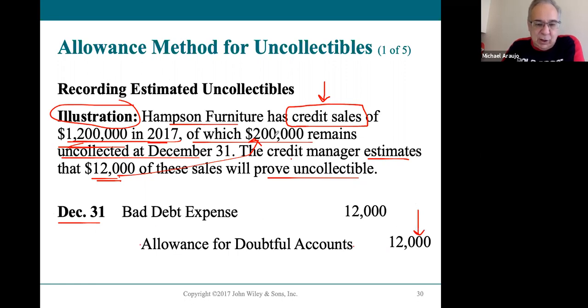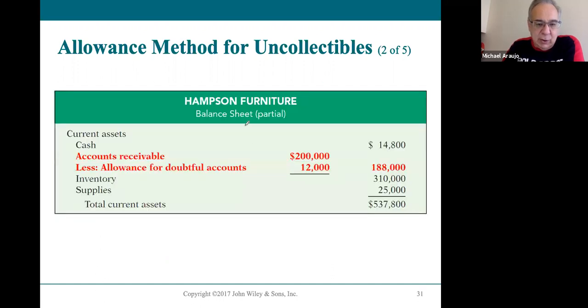Well, how does it look? Again, this company has $200,000 of receivables, and they just put $12,000 aside of it for bad debt. Well, this is how it's going to look on their balance sheet. Here's the accounts receivable. The $200,000 still is there. However, now they're telling their stockholders that they have allowed for $12,000 of that to be bad debt.